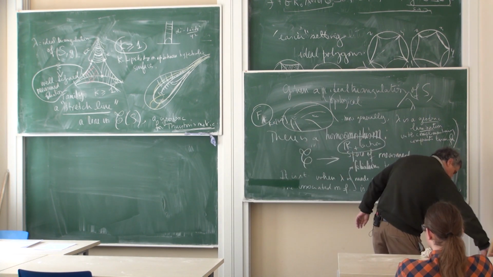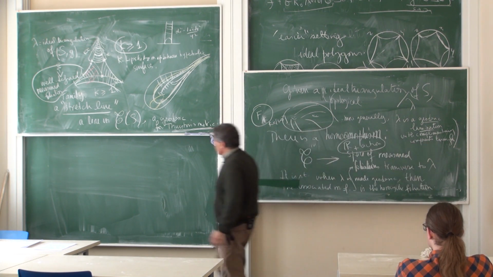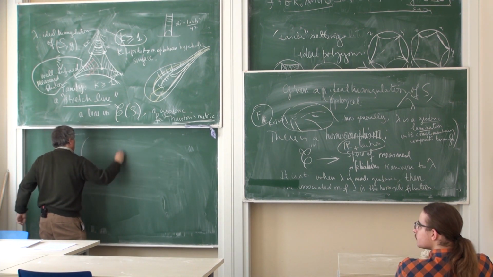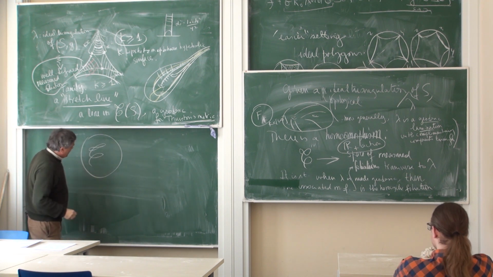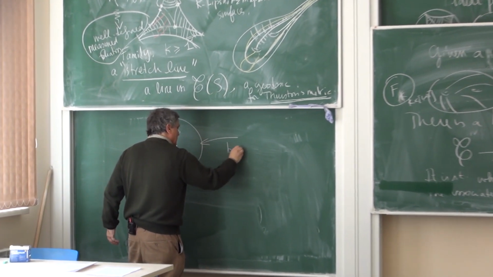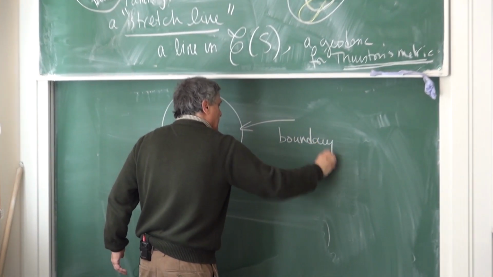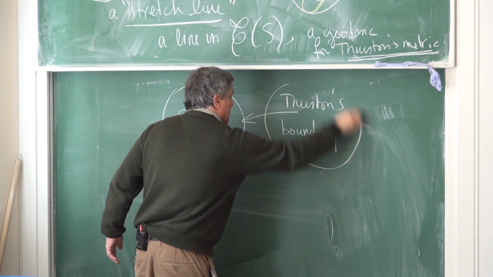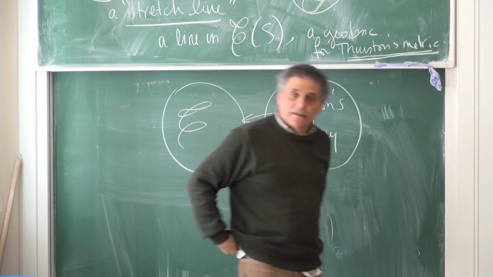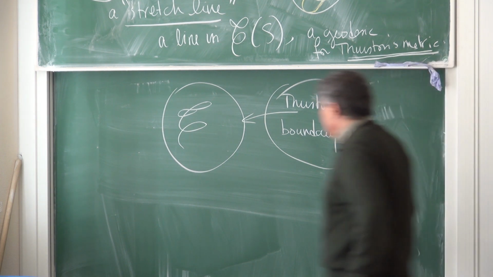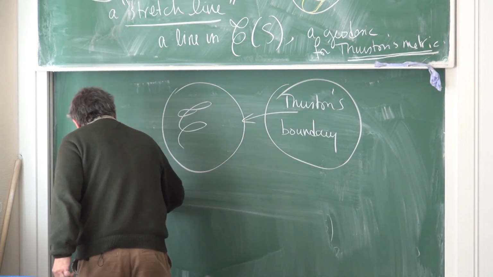So you have this Teichmüller space, which we represent as a ball, and then you know that you have several boundaries. One of these boundaries is Thurston's boundary, which I will recall to you next time. And the first result I want to prove is a limiting result.